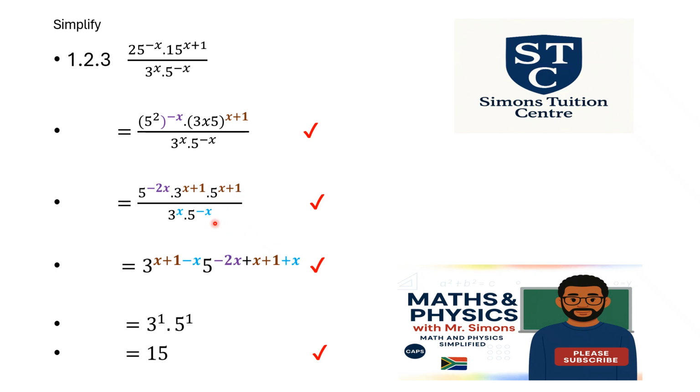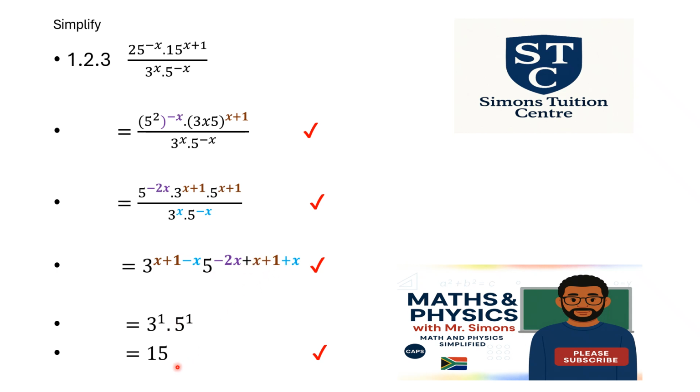Below the division line, minus x times the negative would then become positive x. X minus x cancels, and I'm left with 3 to the power 1. Minus 2x plus x cancels, and I'm left with 5 to the power 1.